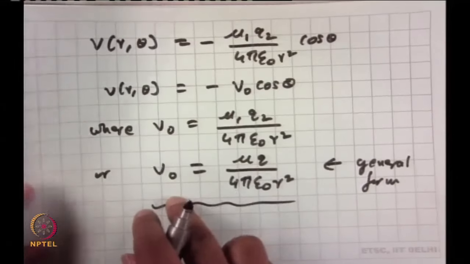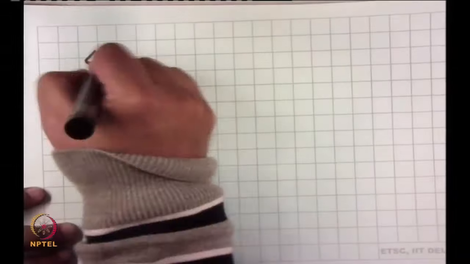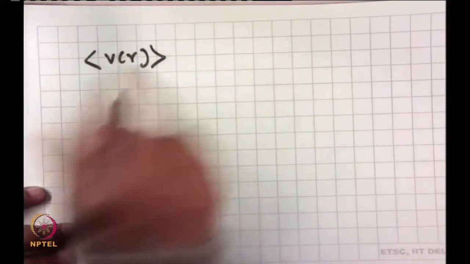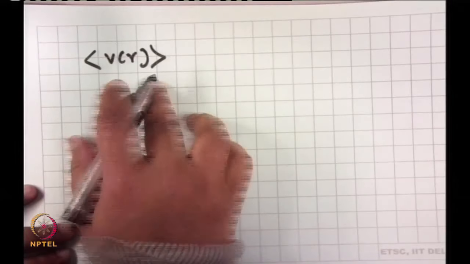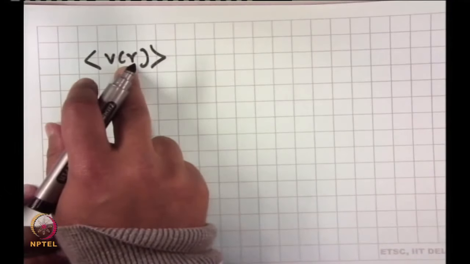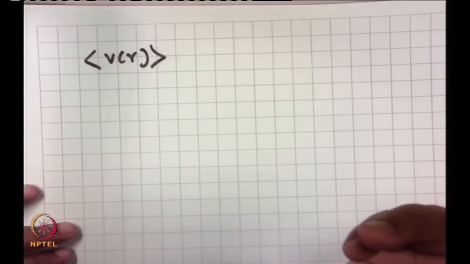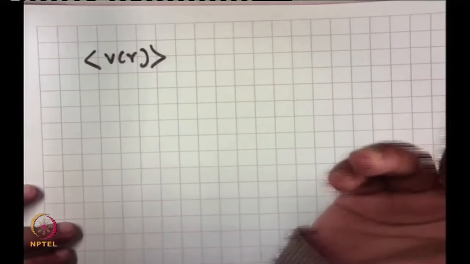Now what do I mean by that? To find the potential coming from orientational averaging, we will solve an integral like this. We will solve for V of r. I am not writing r, theta anymore, because I am doing an orientational averaging, I am essentially integrating theta out. There is no longer any theta dependence.